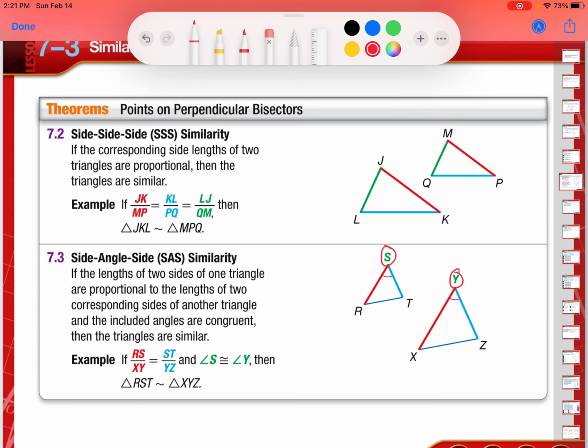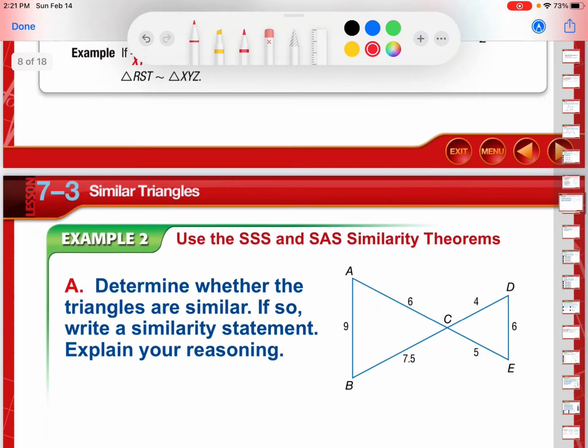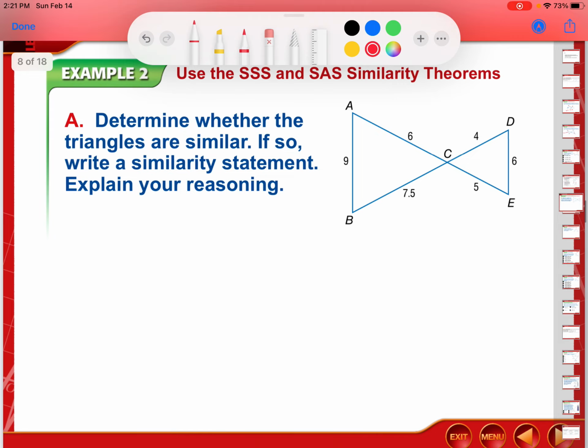Now we're using the same justification to prove that triangles are similar. The only difference is instead of the measurements having to be the same or congruent, now instead of saying congruent, we're saying proportional. So they have to be proportional to each other instead of congruent to each other. So this should all feel moderately familiar to you.